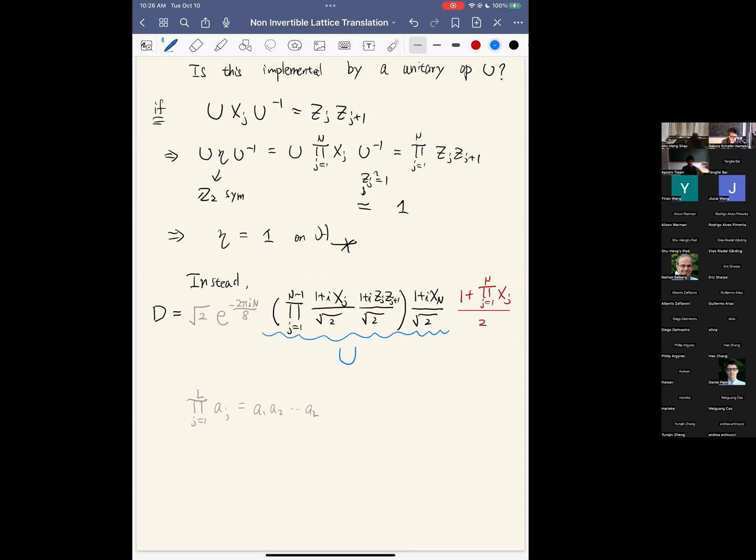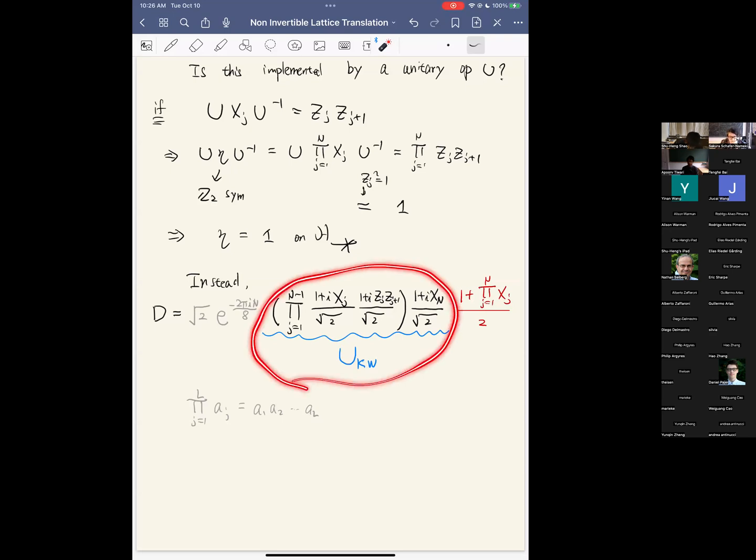This piece, let me call it U_KW, has featured in many papers in the past. I'm not going to make a complete list of references, but one of the papers that talk about this operator very explicitly recently is a paper by Shu-Heng and collaborators in the context of sequential circuits.